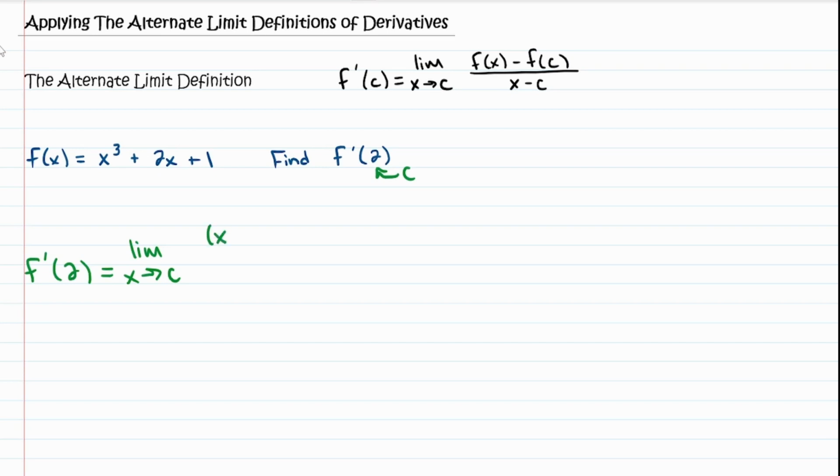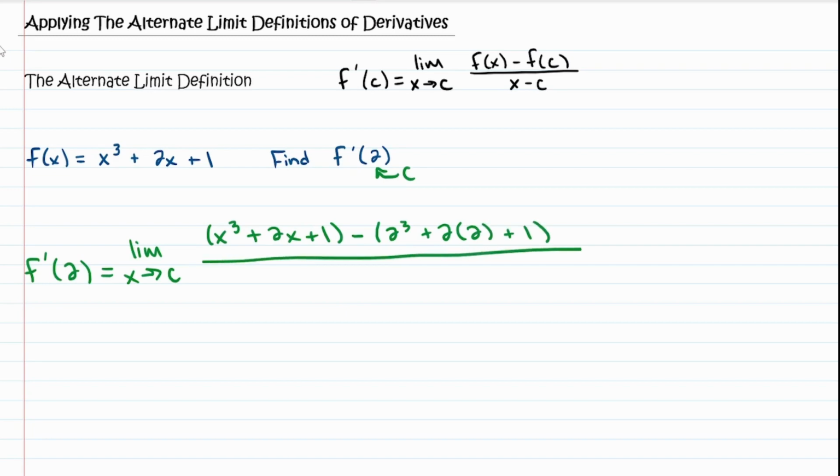So that's x cubed plus 2x plus 1. And then f of c, we're just going to evaluate f of x at the point 2. So 2 cubed plus 2 times 2 plus 1, all over x minus 2.